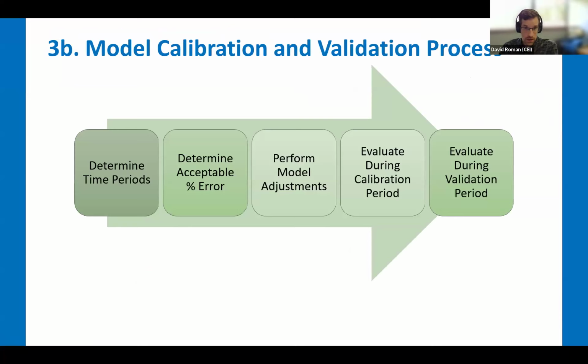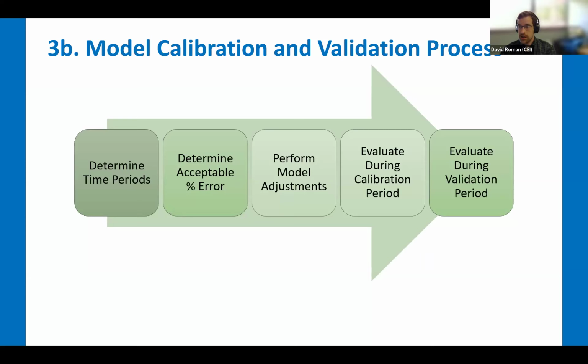So the model calibration process is, first of all, to figure out, do you have enough data to do validation? I'll talk about that in a little bit, but I'll just hold off on the validation. You want to figure out what time periods you want to calibrate your model, figure out what an acceptable % error is for your project, and adjust the model as needed.